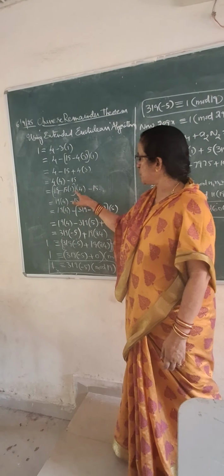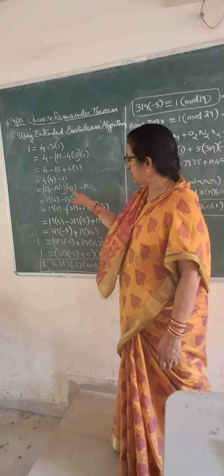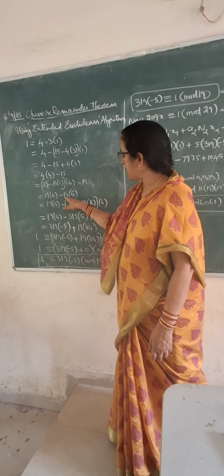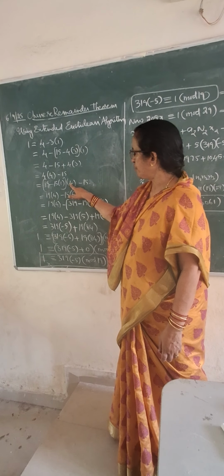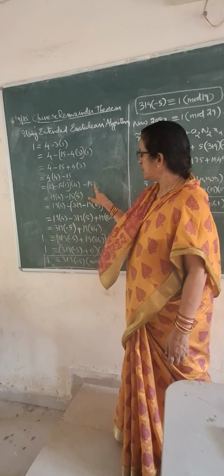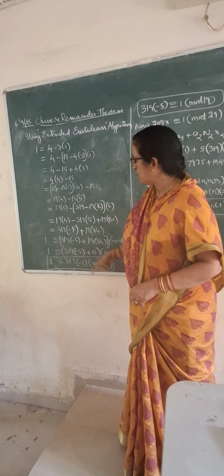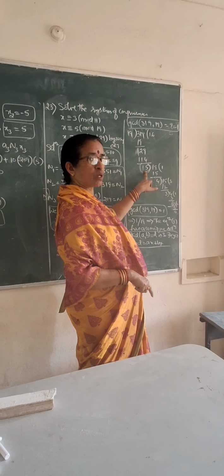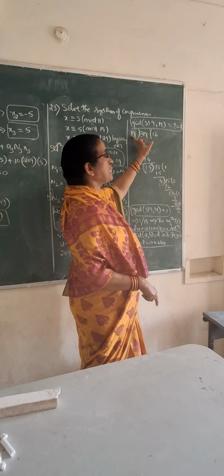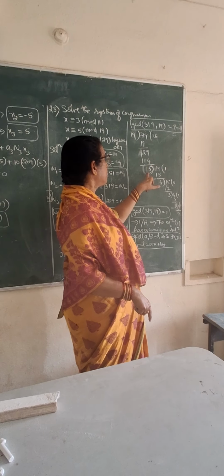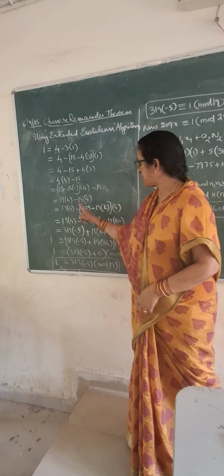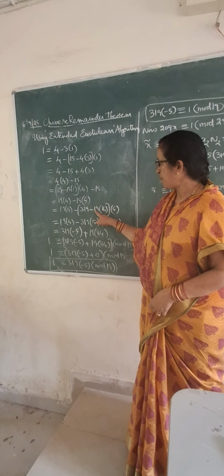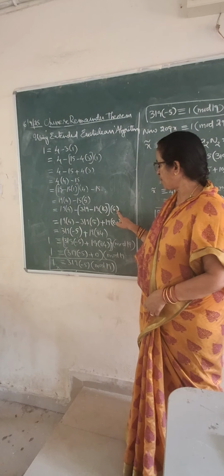19 minus 15 into 1 into 4 minus 15. That is 19 into 4 minus 15 into 4 into 1. That means we got 5 times. So once again, what is the remainder 15? How did we get 15? 319 minus 19 into 16. So 15 can be written as 319 minus 19 into 16, into 5.